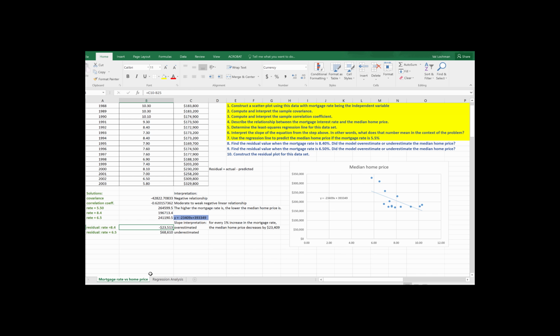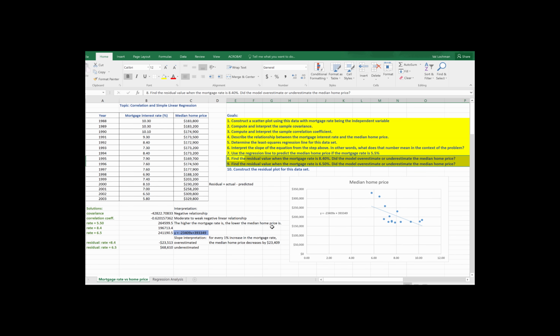Okay, so we found the residuals. The next question is construct the residual plot for this data set. So one thing you could do, you can compute these values for every one of these years.